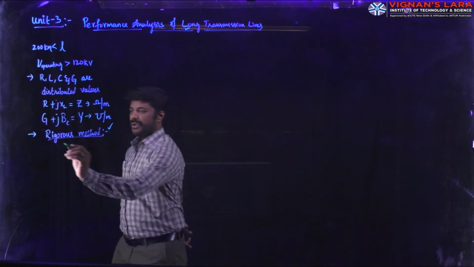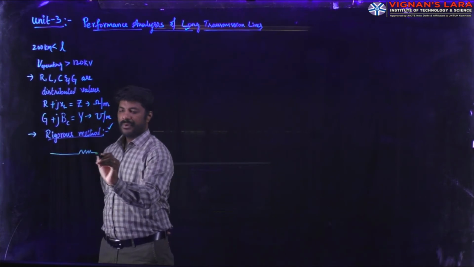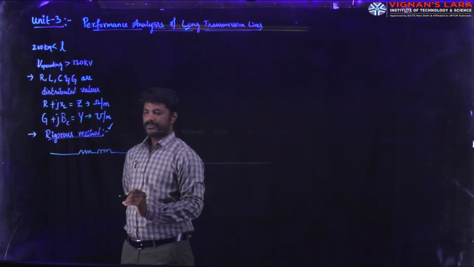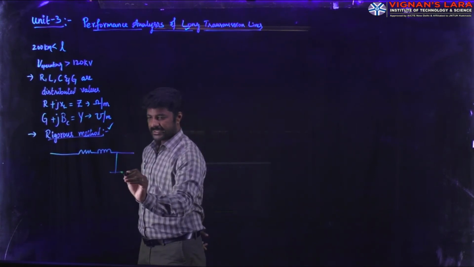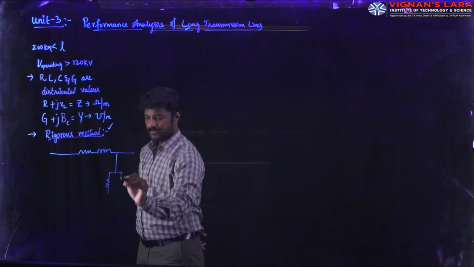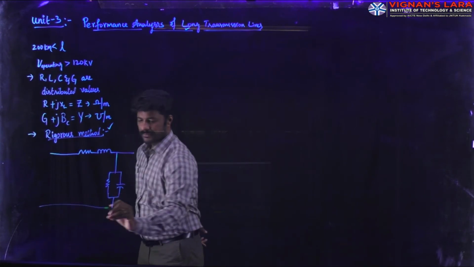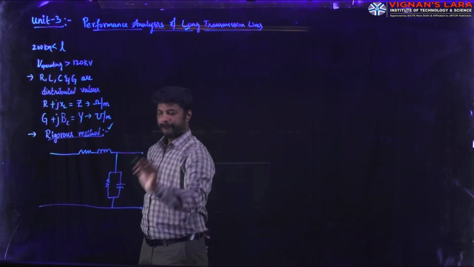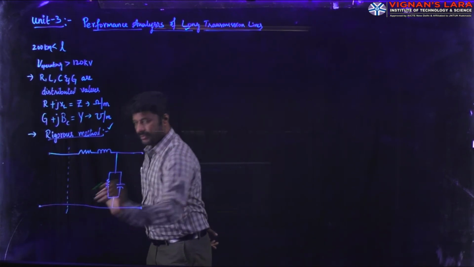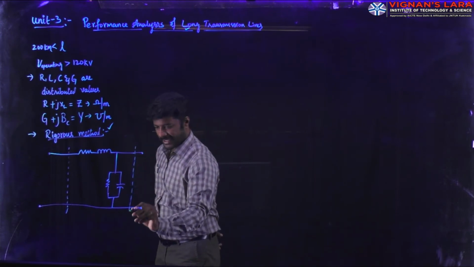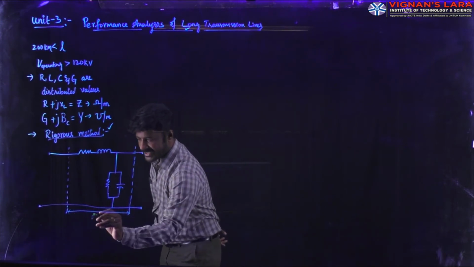This small sectional length has an impedance, let me write that out. It's a transmission line representation with only a finite amount of length. That finite length I have identified here as dx meters.